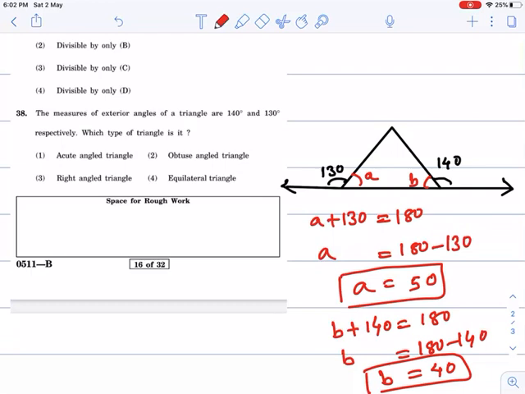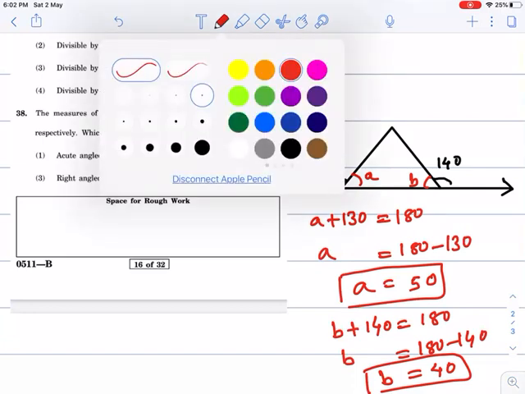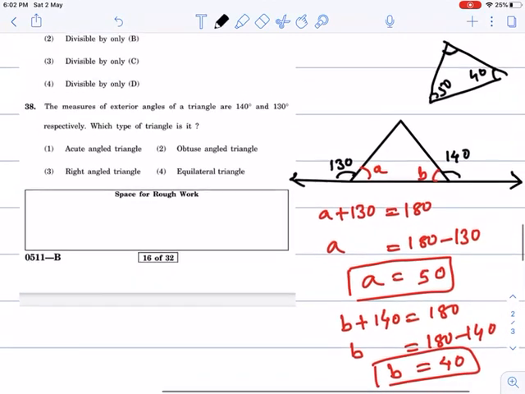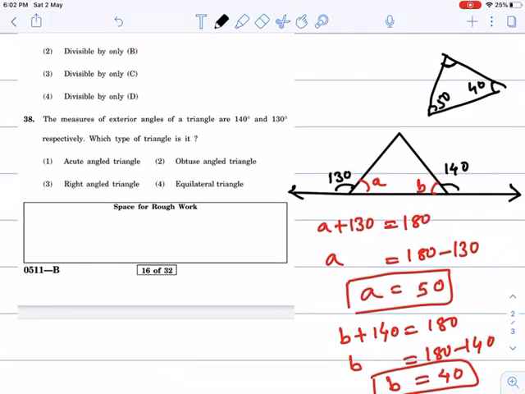So in a triangle, I will draw the diagram of the triangle. Here in this triangle, one angle is 50 and another angle is 40. You can find the remaining angle. We have studied the property that the sum of three angles is 180.